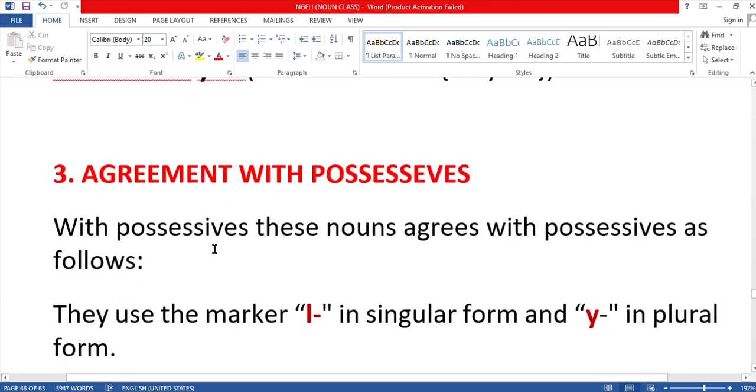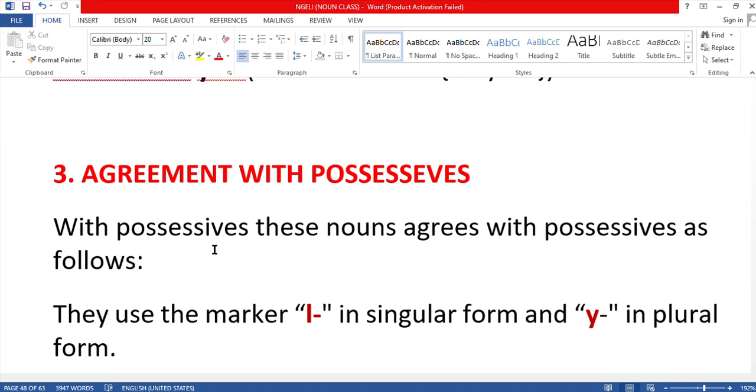Agreement with possessives. This is agreement with possessive, and they use the marker L in singular form and Y in plural form. So what are the possessives? The possessives are the words like my, mine, yours, our, your name.